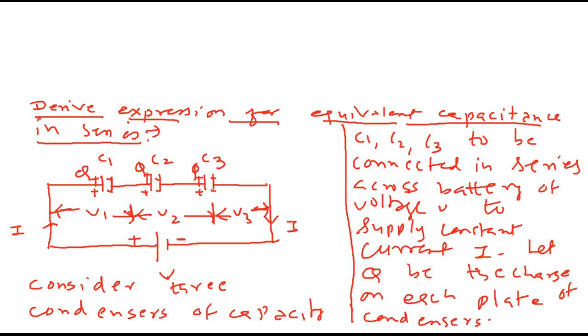Consider three condensers of capacity C1, C2, C3 to be connected in series across battery of voltage V to supply constant current I. Let Q be the charge on each plate of condensers. Please copy till that.